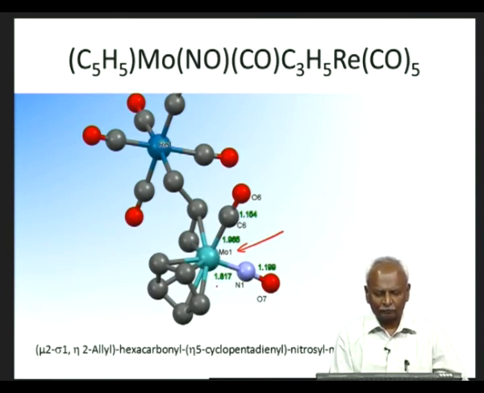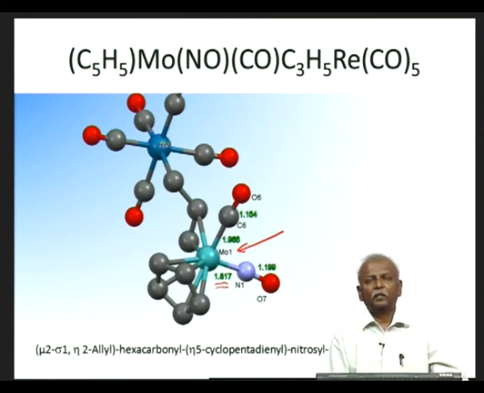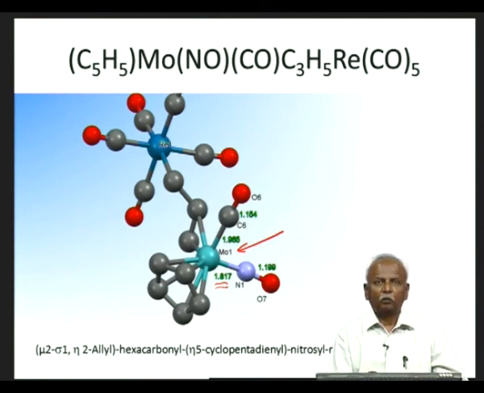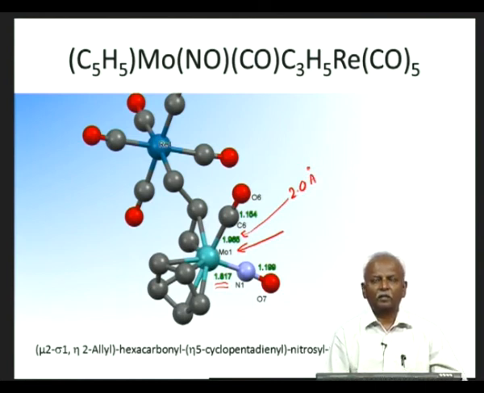You will see that the bond distance is around 1.817 angstroms, and this is significantly less than what you would expect for a metal nitrogen single bond. Similarly, the molybdenum carbon bond distance, which is 1.965 angstroms and is pictured here, is less than 2 angstroms, which is what you would expect for a single bond distance, and this is significantly smaller.